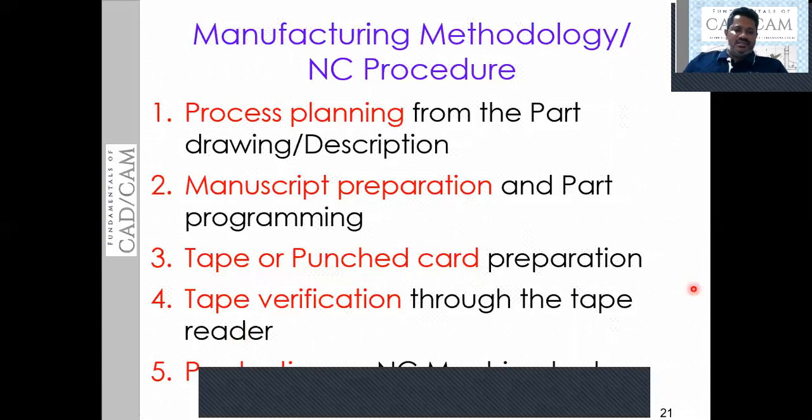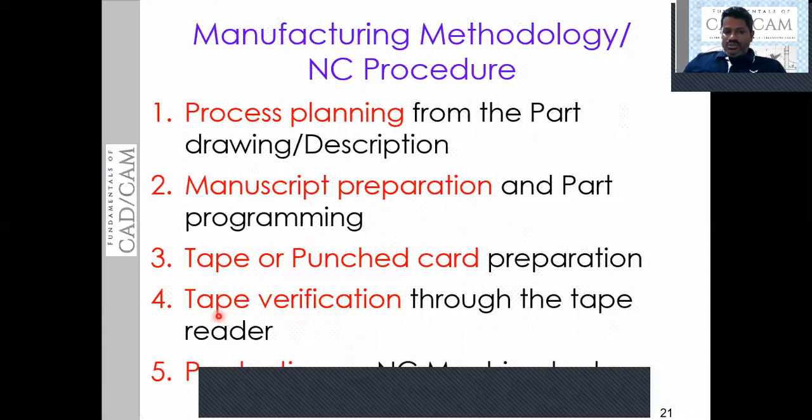Then you have the tape verification. After preparing the tape or punched card, it needs to be verified whether the code is executing properly or not. That should be verified using a verification machine or device, called a tape reader. The tape reader is going to verify the program on the punched card or tape.